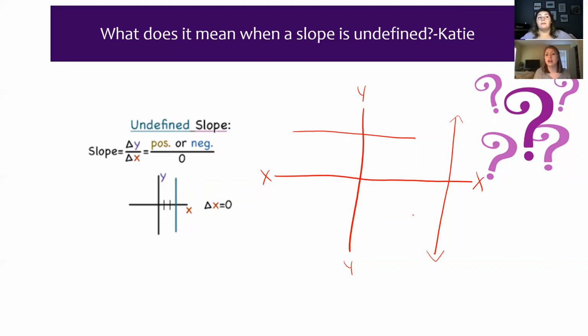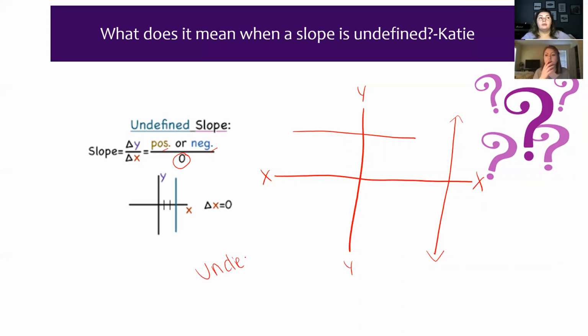You can explain that to students in more depth. Even seeing a 0 on the bottom, whether it's positive or negative, if it has a 0 on the bottom, it is going to have an undefined slope. So the answer to this question, whatever it may be, you would just write that it's undefined.